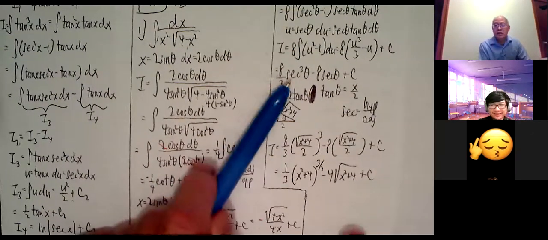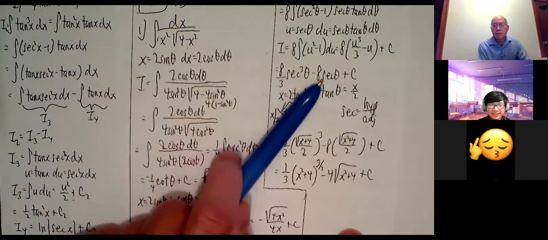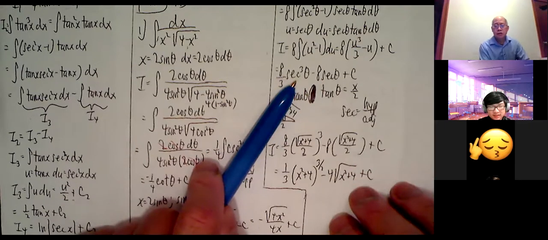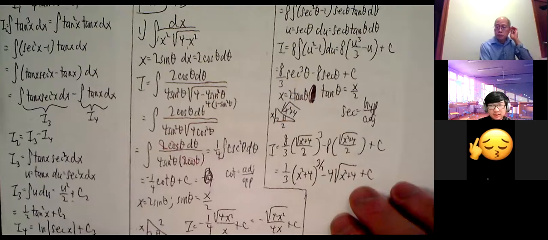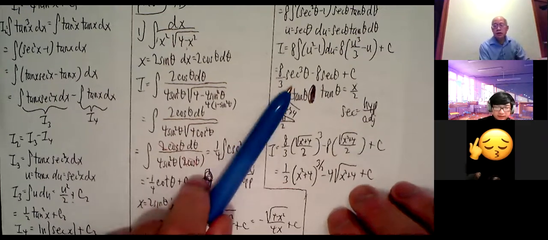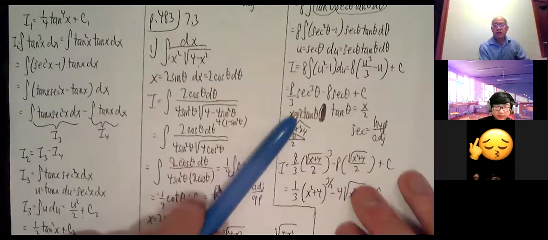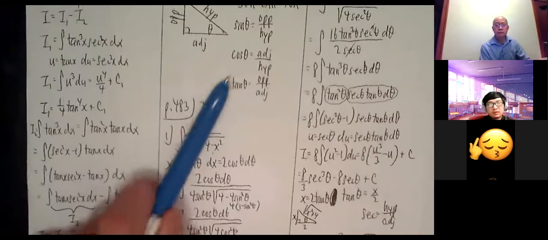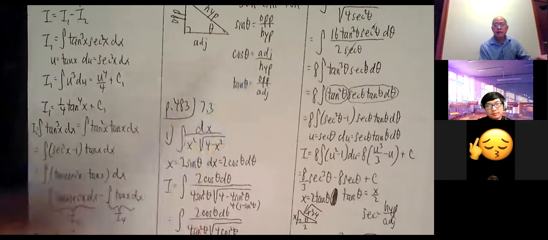Okay, now what do we want? We want 8/3 secant cubed minus 8 secant. Now, secant is the reciprocal of which trig function? Secant is the reciprocal of the cosine. Remember, if one function has a co, the reciprocal does not have a co. So secant, no co, so reciprocal is the cosine. Cosine is adjacent over hypotenuse.